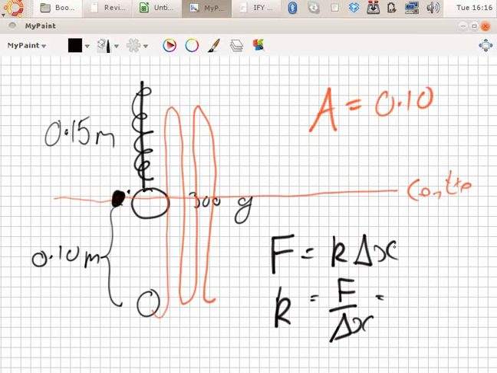Well, the up must equal the down, so now it is the weight, and the weight is 300 times 9.81. But what's the delta x? It's 0.15, because that's the extension.